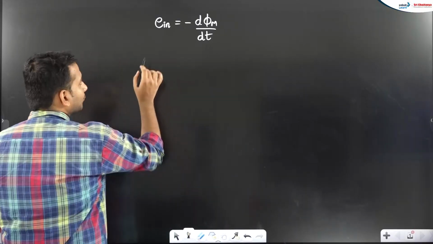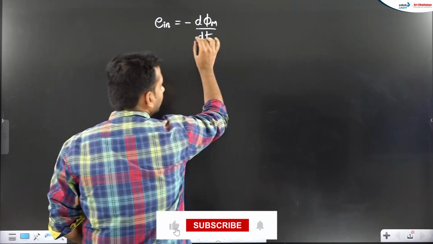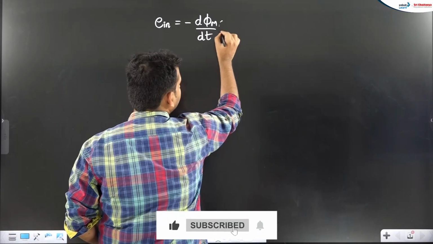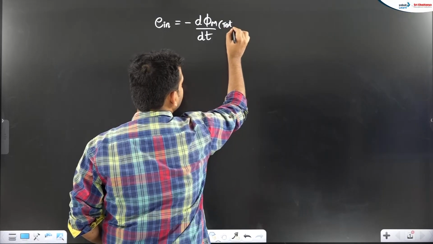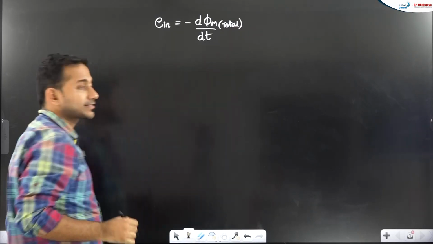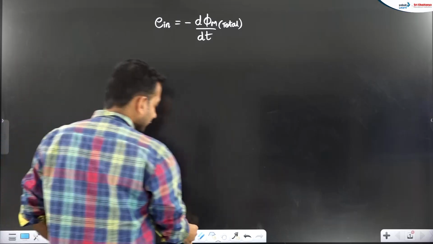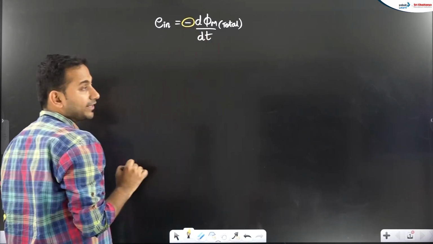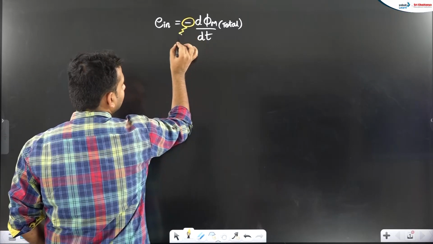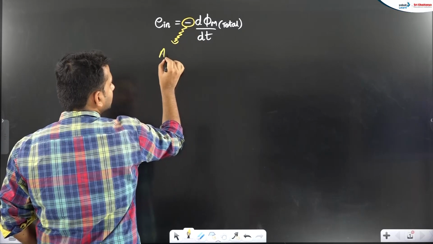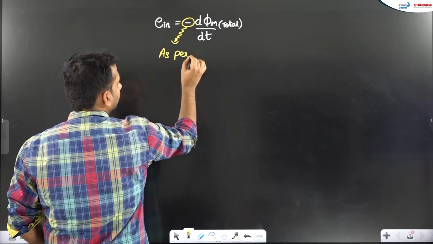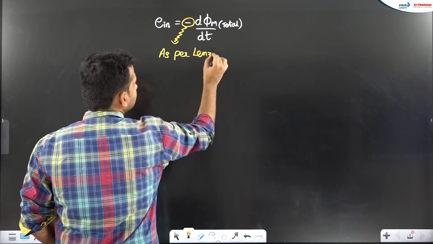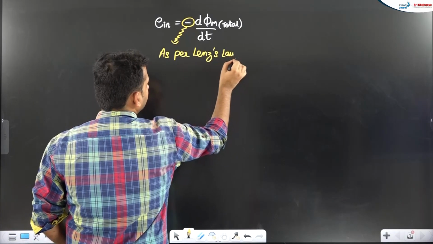Here, induced EMF, and d phi m by dt means the time rate of change of total magnetic flux. The role of Lenz law is explained by this negative sign, or I should say this negative sign is as per Lenz law. Now what is this Lenz law?